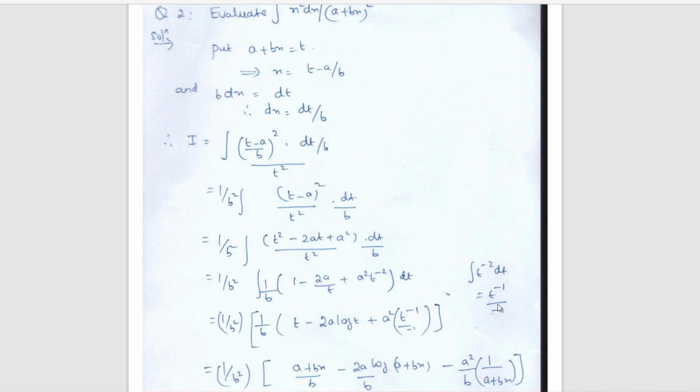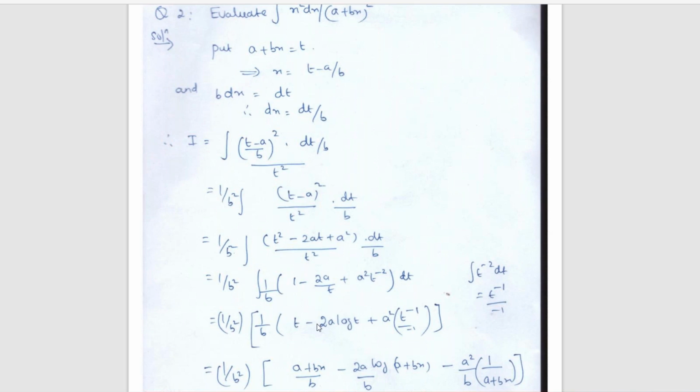Then only it is valid. Otherwise it is not valid, because if n is equal to 0, then the denominator will be 0. Then it becomes infinity. Am I right? So n should not be equal to 1 also. So t to the power minus 1 by minus 1.